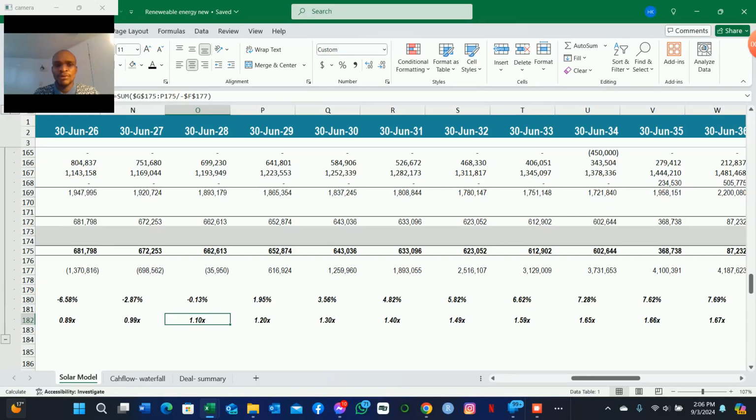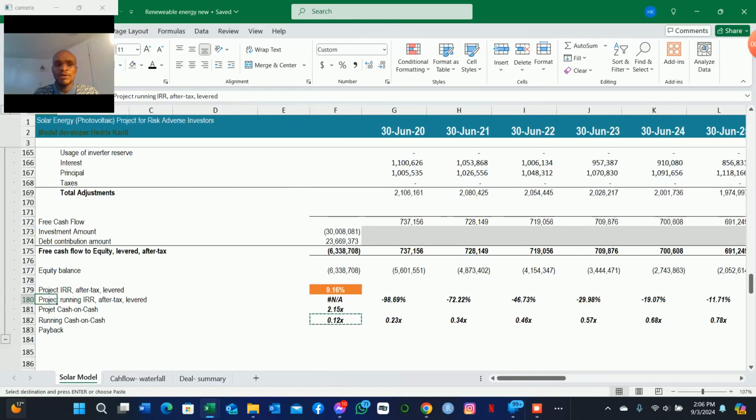So hopefully this gives you a drive on how to analyze renewable energy projects, and also, as an investor, what you will be getting back in return as a result of embarking on such a project. We'll be doing the payback later on, after we get done with the cash flow waterfall for the joint ventures.